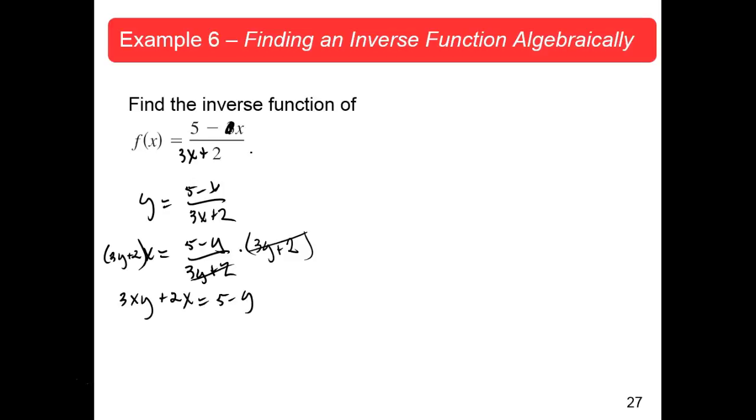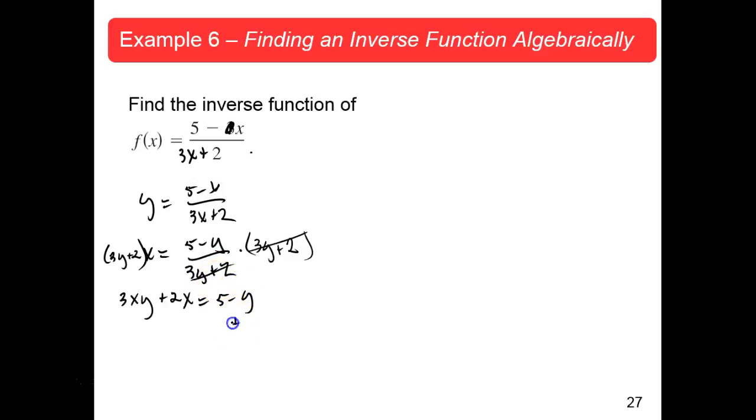What's our goal? Yes, get y by itself. So that means, number one, got to get all the y's on one side and all the terms with no y's on the other side. So what would that mean? Say again? A little louder. You may have said it right. I just couldn't hear. Subtract 5?